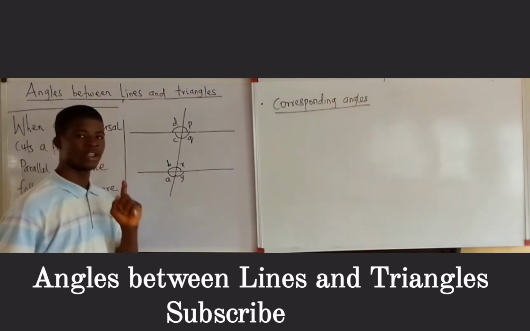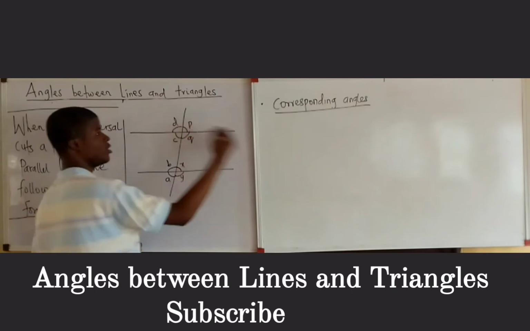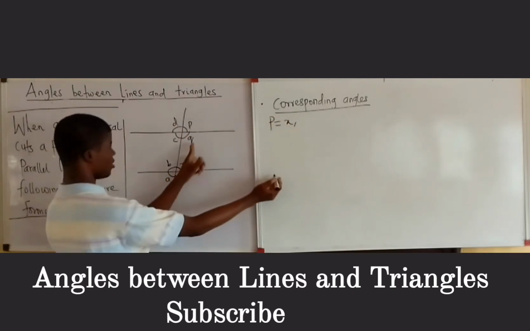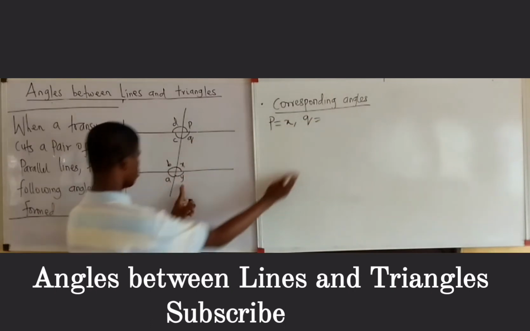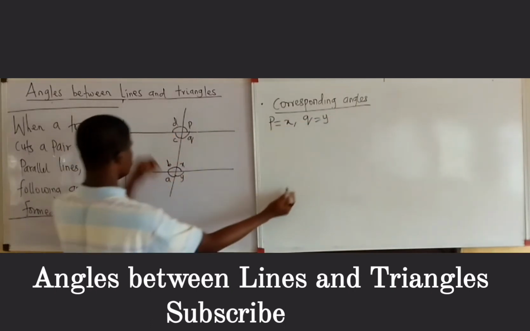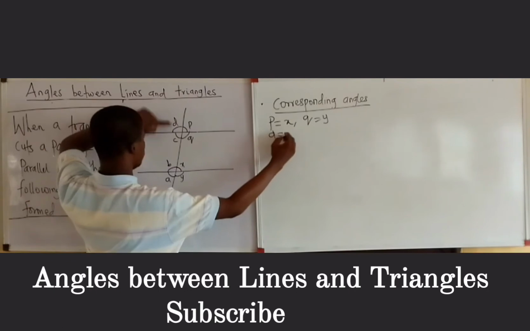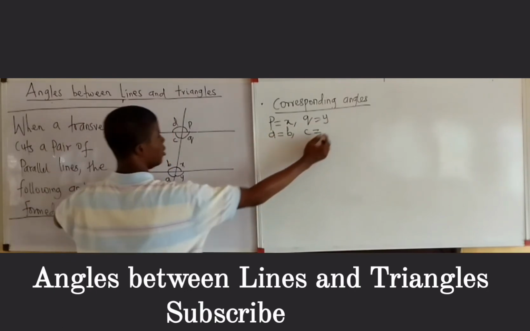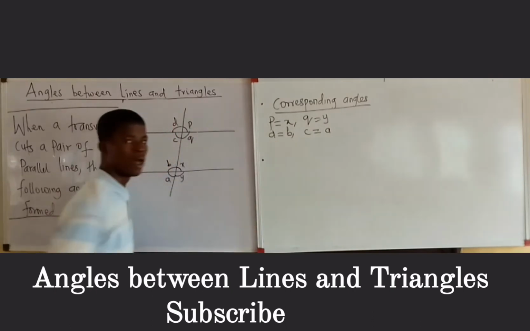So these angles that I just mentioned in pairs are equal. So P is equal to X. In the same vein, Q is equal to what? Y. Also, D is equal to B, and C is equal to what? A.